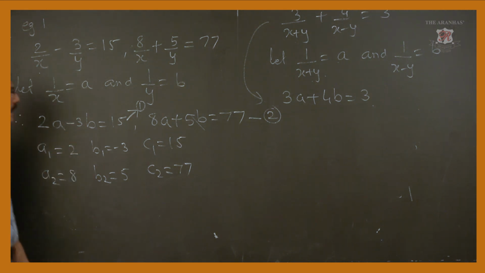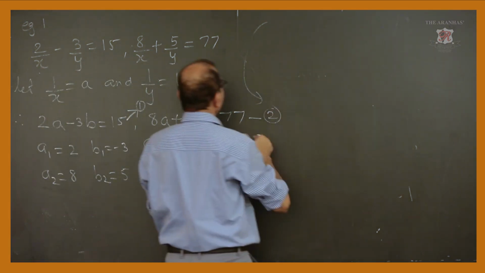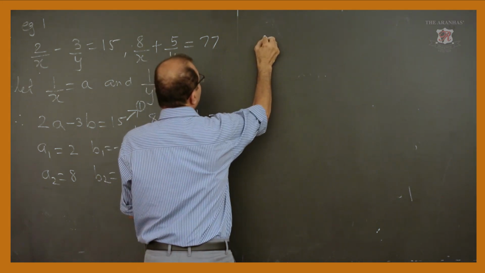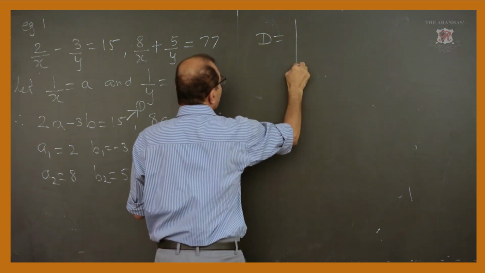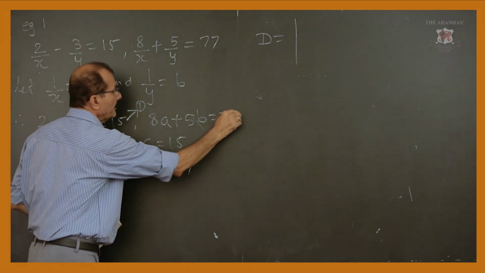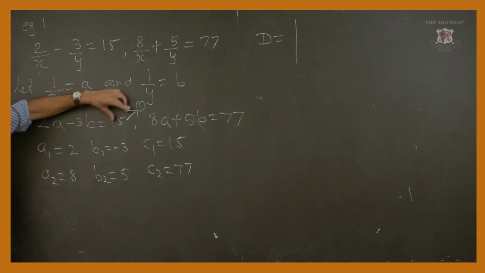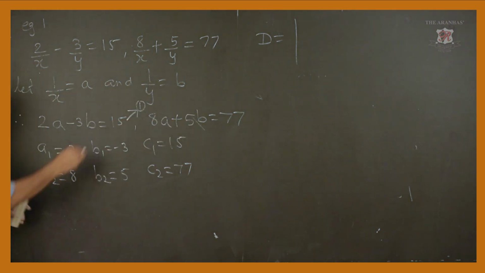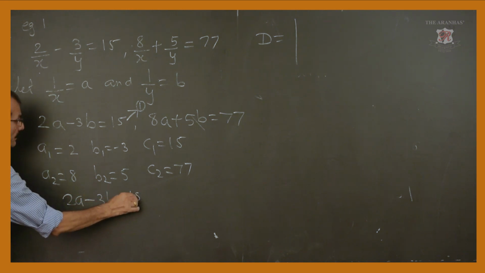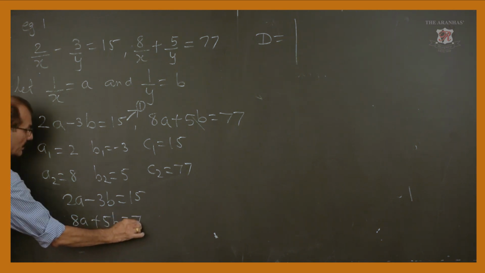Now we are going to find the value of D. To find the value of D, what we do is we drop the constant. But I will write the equations again. 2a minus 3b is equals to 15 and 8a plus 5b is equals to 77.